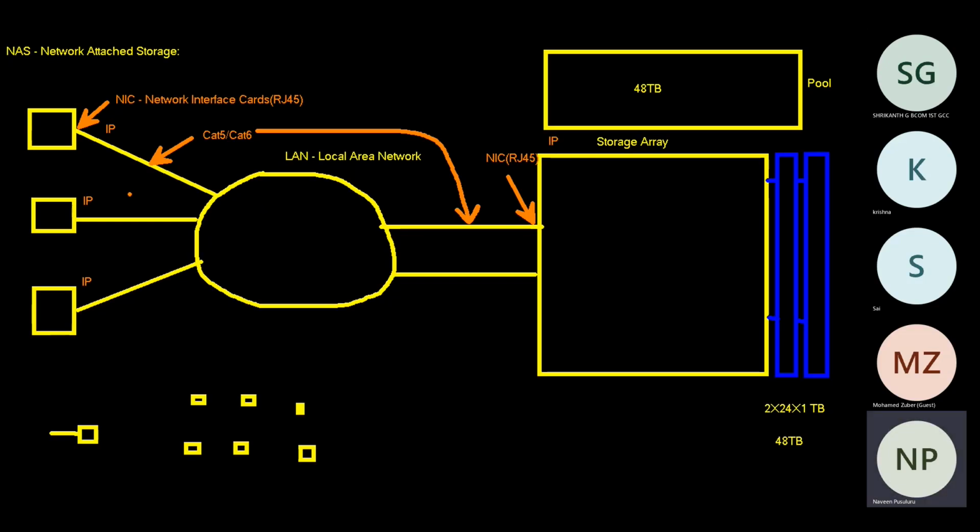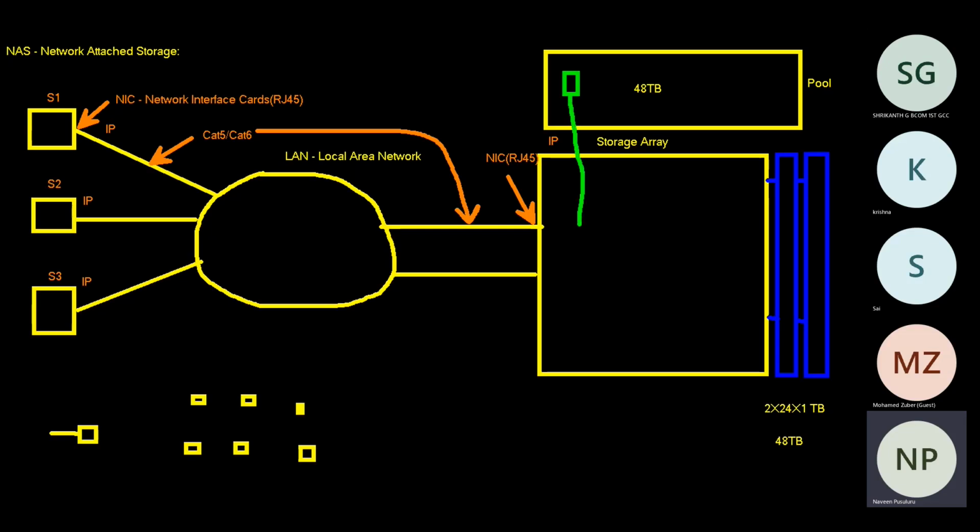Okay, now how things will work in NAS. I have three servers connected to it. Let's assume that this is my server one, this is my server two, and this is my server three. Now server one requested 50 GB of space. So what I'm going to do now is create a small 50 GB logical partition here.